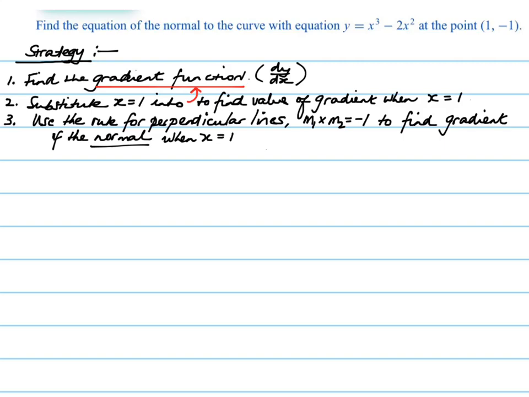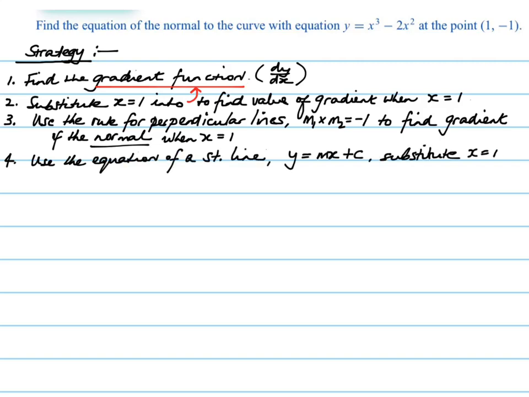You use that little equation to work out the gradient of the normal. And number 4, we're going to do exactly the same thing as we did in the previous example. So it's extremely similar, except for the little m1 times m2 equals minus 1 thrown in.